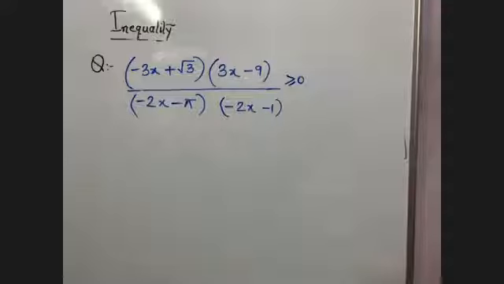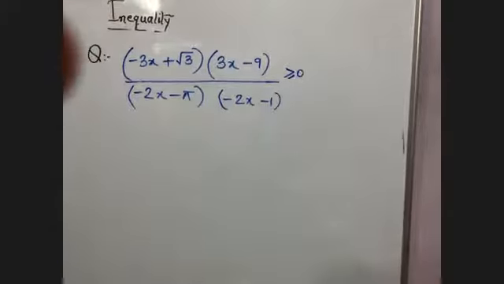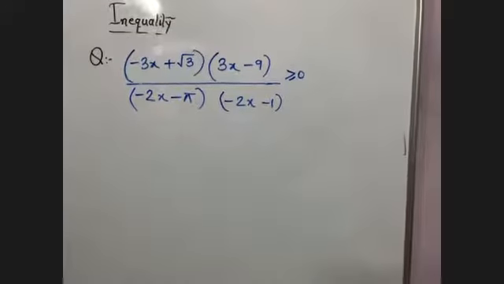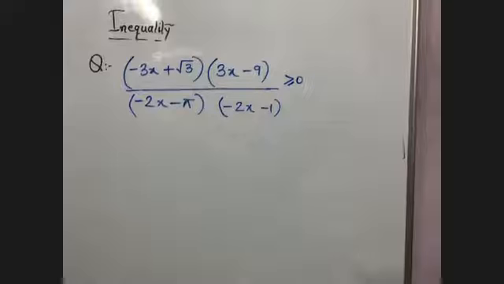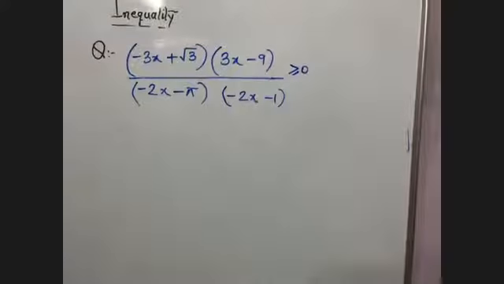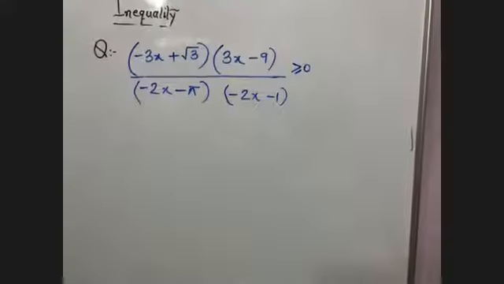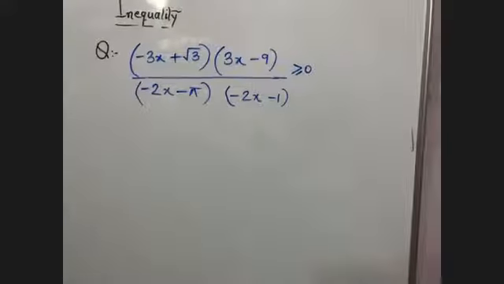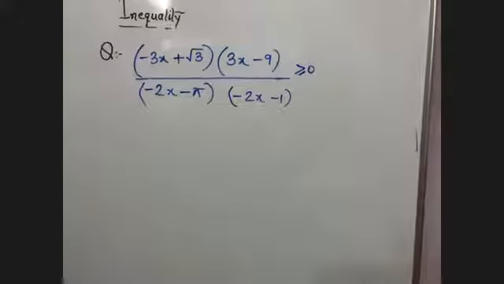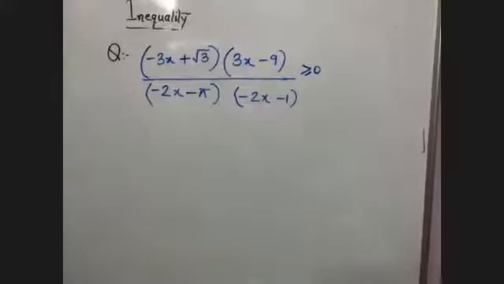Yeah, Varun, actually, I've given a different problem. I've given a slight variation. Don't worry. When I tell you, it will be easy for you. The answer of the other student is minus pi by 2 to minus half union 1 by root 3 to 3.